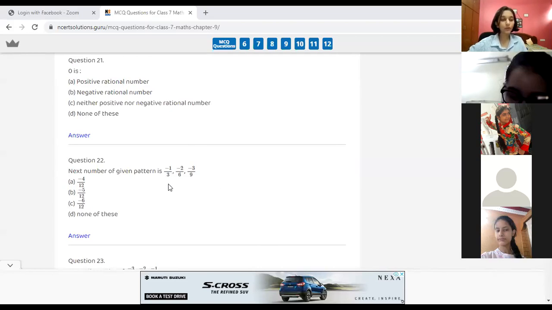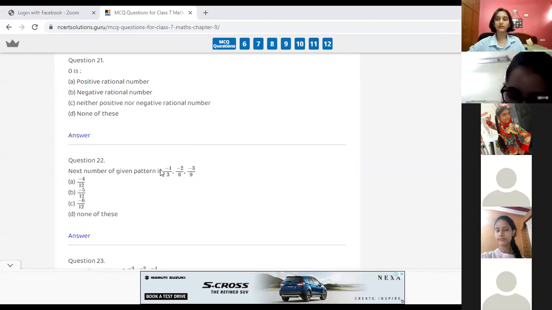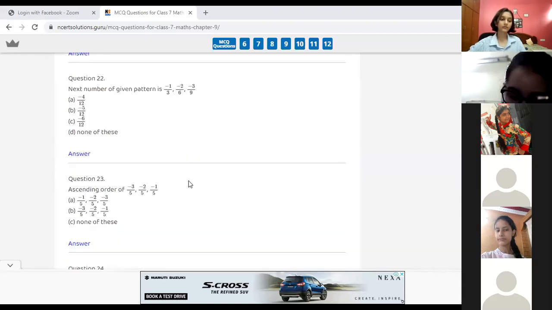Ma'am, -4 over 12. Yes, it's -4 over 12. Have you seen this? -1, -2, -3, next will be -4. And in the denominator, they are multiples of 3. So you will write the next multiple, that is 12.